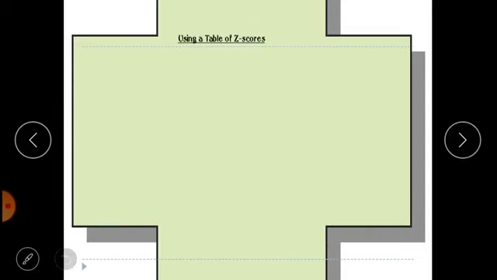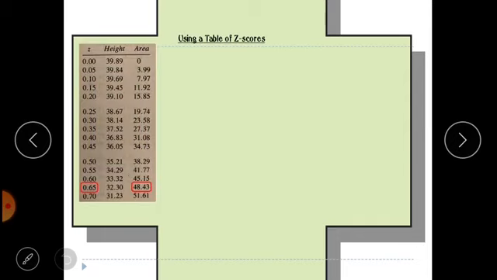Okay? So, next example, using a table of z-score. So, ganun lang din siya class, pero gagamit tayo ng z-table na yung height and then yung area naman. So, given the table ng z-score, so this is your z-score sa first column.